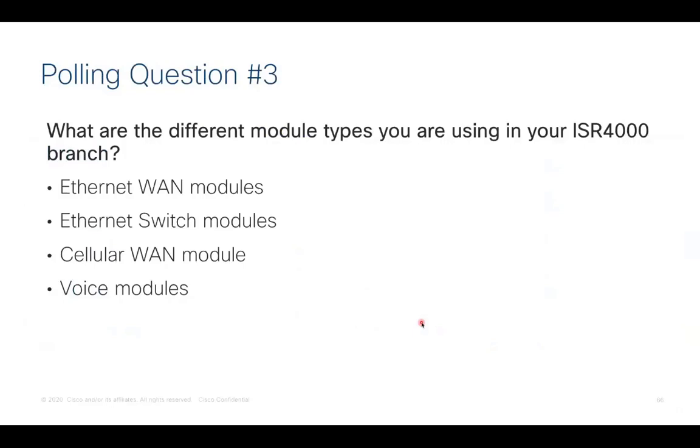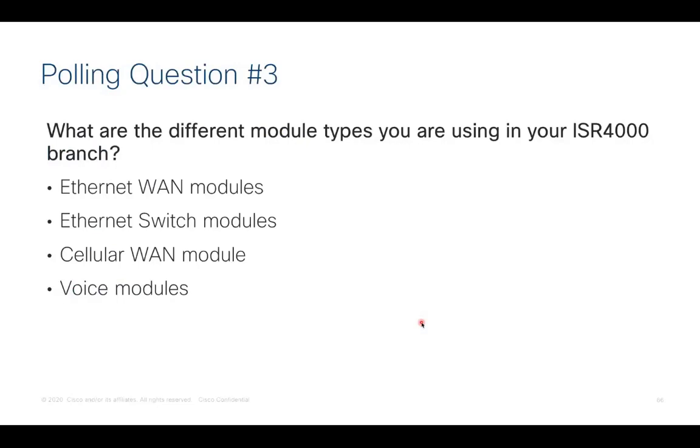Okay, so now we have another polling question here. What are the different module types you are using in your ISR 4K branch locations? As you all know, our portfolio is modular. We support more than 70 modules in our modular portfolio products.